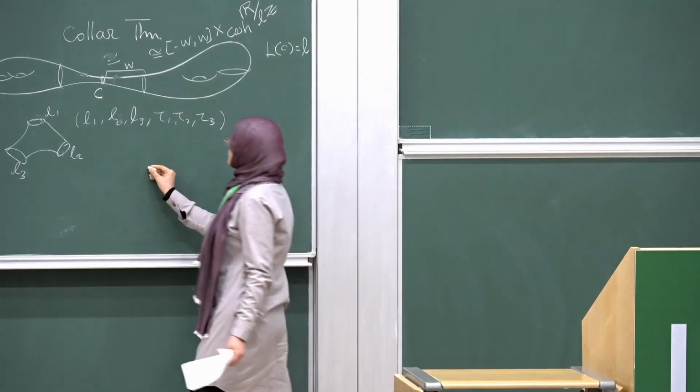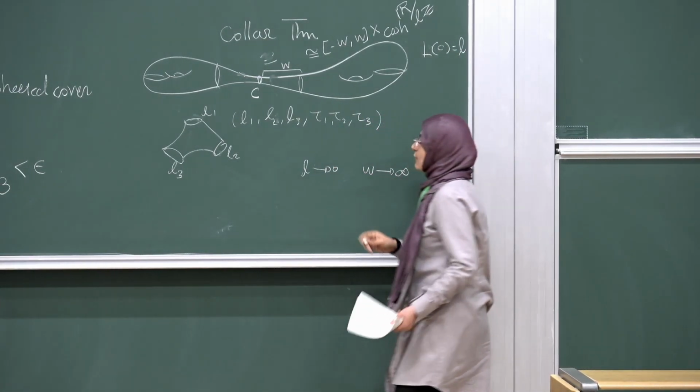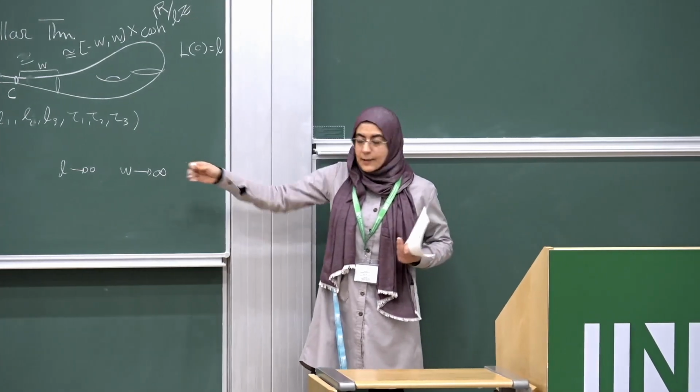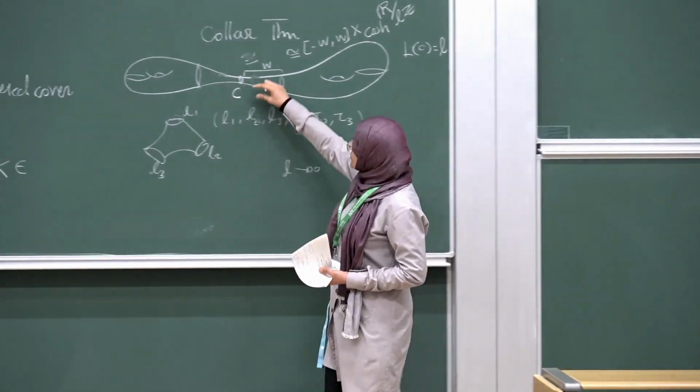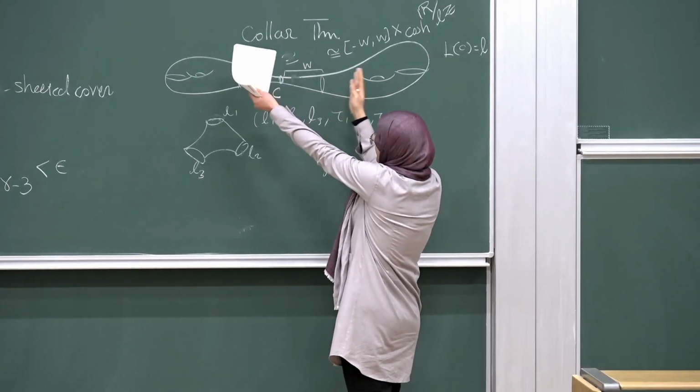The important thing is when L goes to 0, the width W goes to infinity. So if I shrink one closed geodesic, I have a large neighborhood around it.